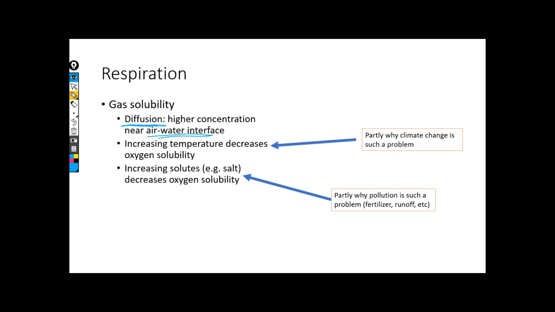But there's two other things that may increase, or decrease as appropriate, the ability to get oxygen. This first one talks about temperature. Colder water has higher oxygen overall. As we increase the water's temperature, we decrease the water's ability to hold oxygen molecules.